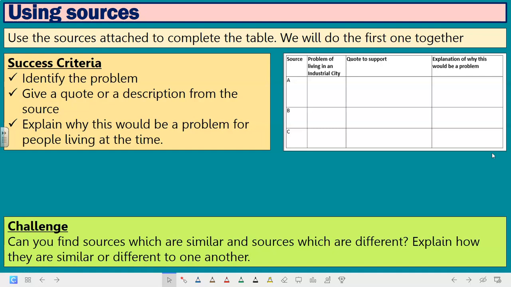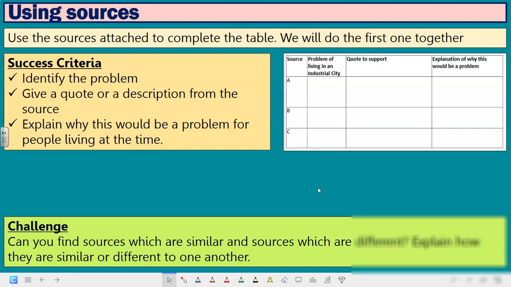And you can see that the table helps you to do that. Now, you've got a copy of this table attached to your Satchel 1, and it includes space for all of the sources. So you've got sources A to I. What you might like to do is to do them in a different order.